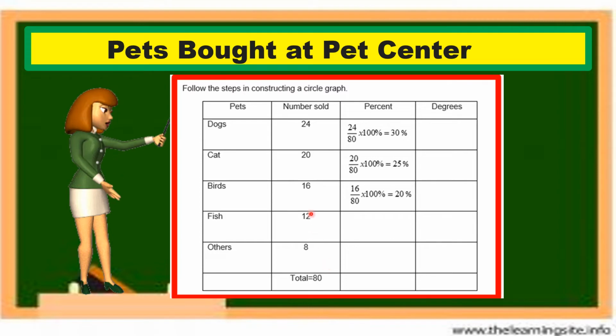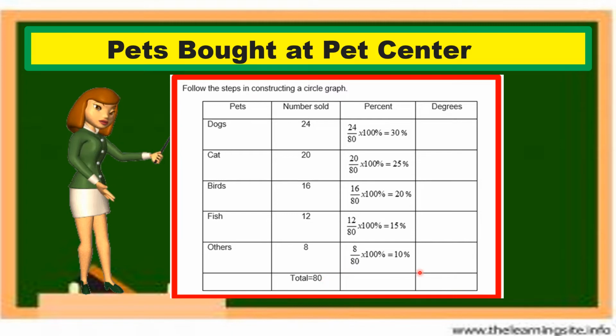That is 20%. 12 over 80 times 100. That is 15%. And 8 over 80 times 100. That is 10%. Then we add all the percent. It is equal to 100%.